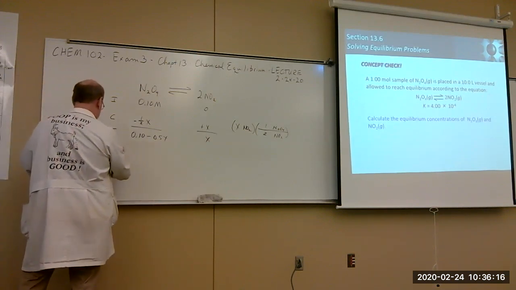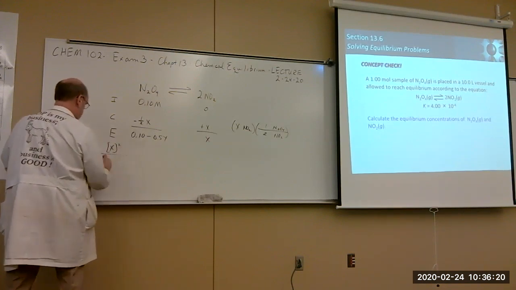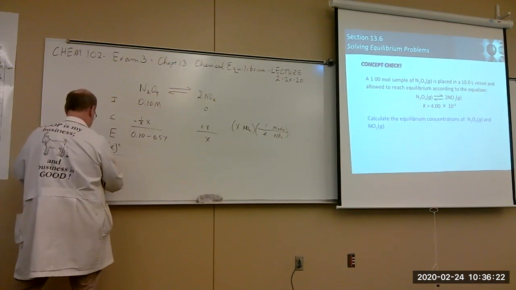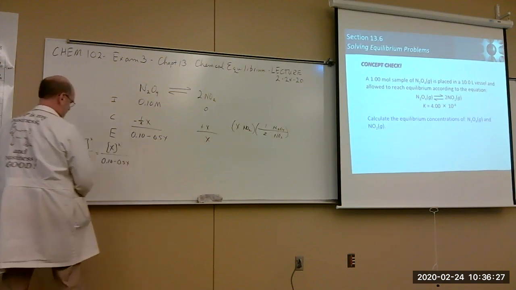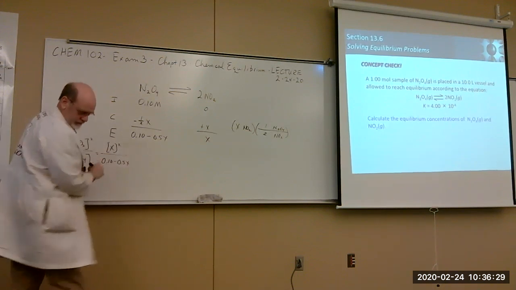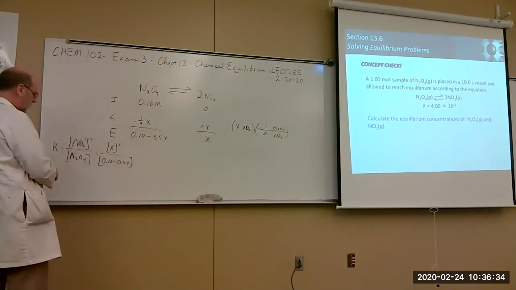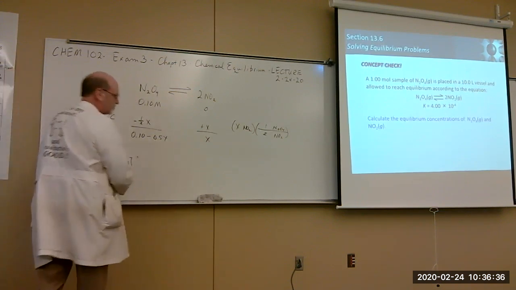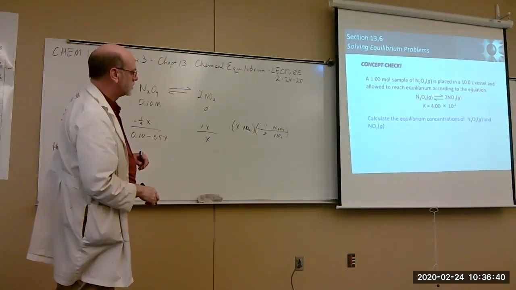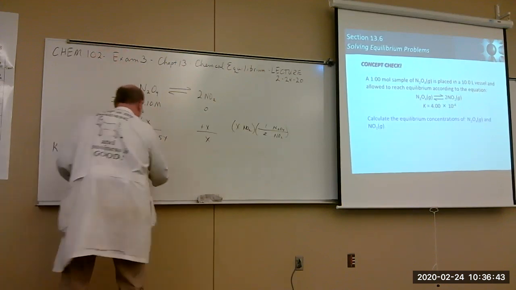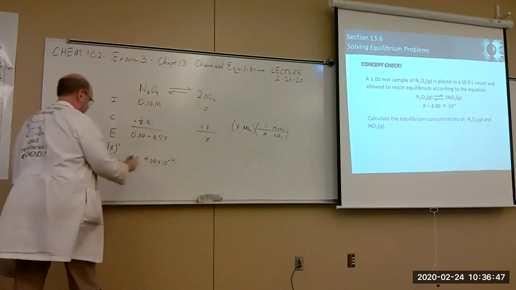So we put this one in here, and this one in here, like that, to the first power. And that's equal to, oh, yeah, 4 times 10 to the minus 4. There we go.